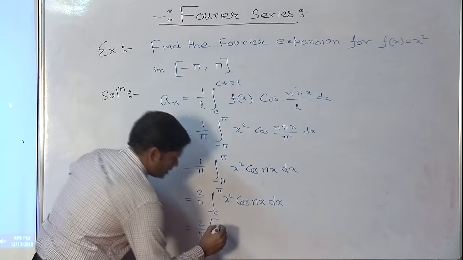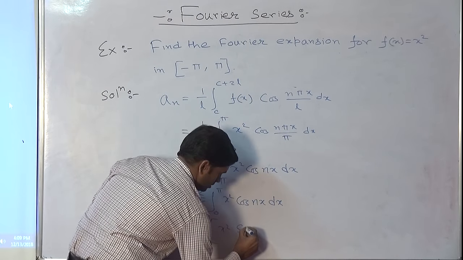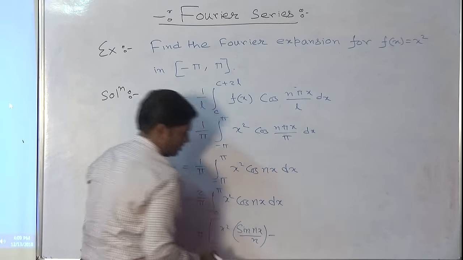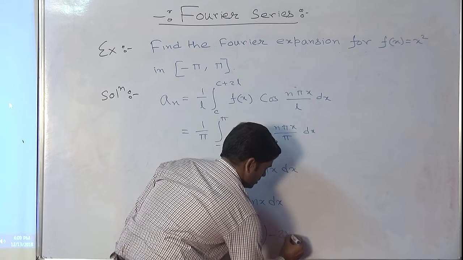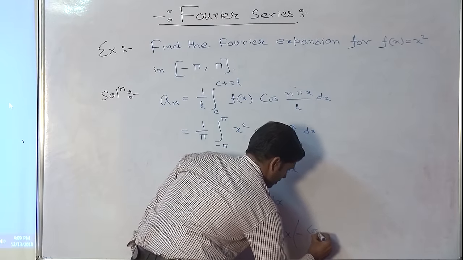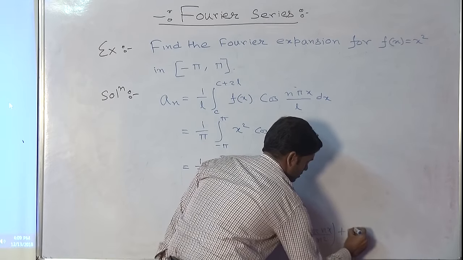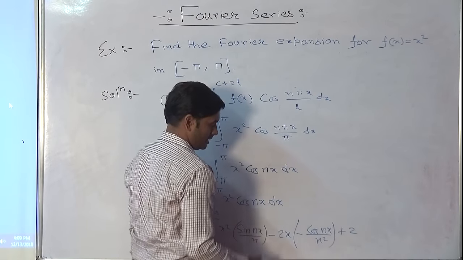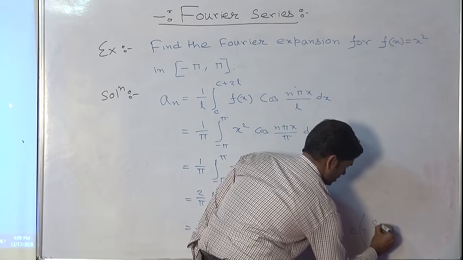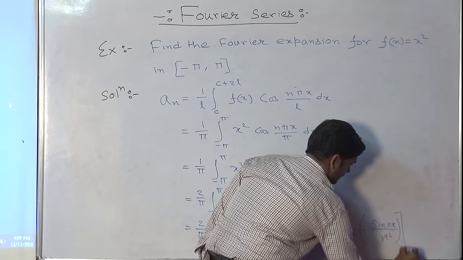So x square first it is fixed, then integrating the cos nx once, minus of differentiating x square to 2x, integrating this function again, minus of cos of nx by n square, plus 2, differentiated this function is 2, integrating this function again, minus of sine of nx by n cube, limit is 0 to pi.